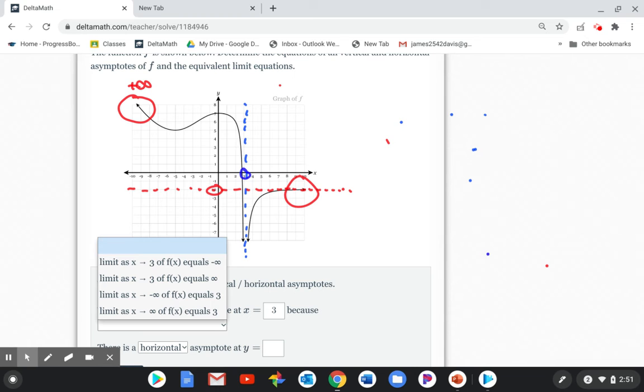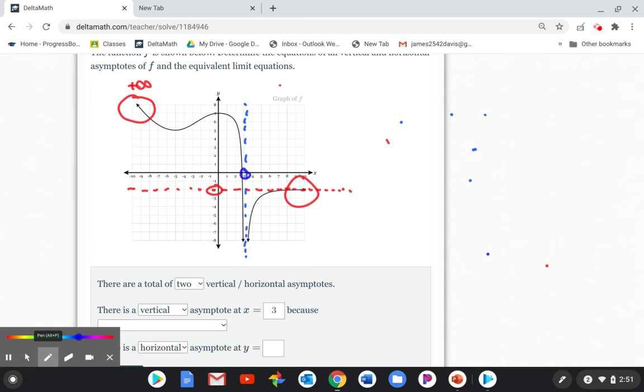So think back to what's happening here. As we're approaching 3 from the left, this is going down to negative infinity. And as we're approaching 3 from the right, it's also going down to negative infinity. So this is going to be the limit as x goes to 3 equals negative infinity is our justification.